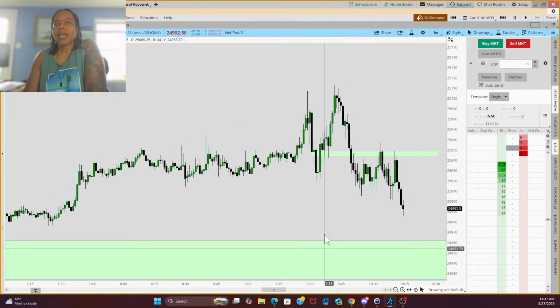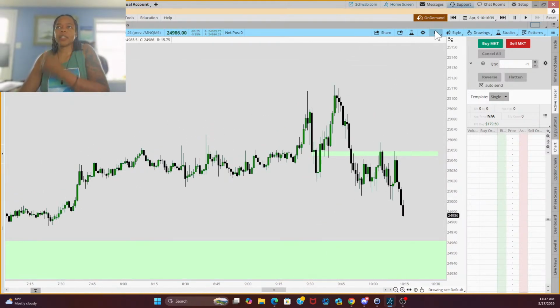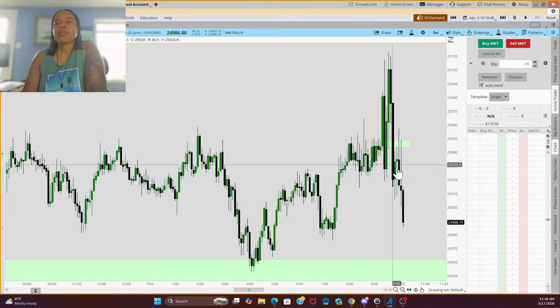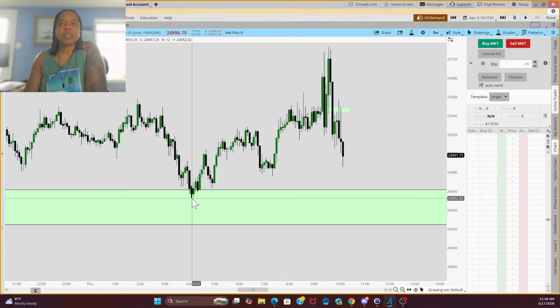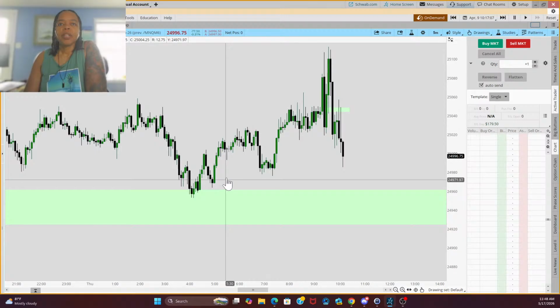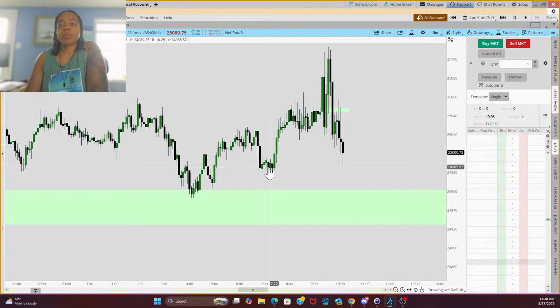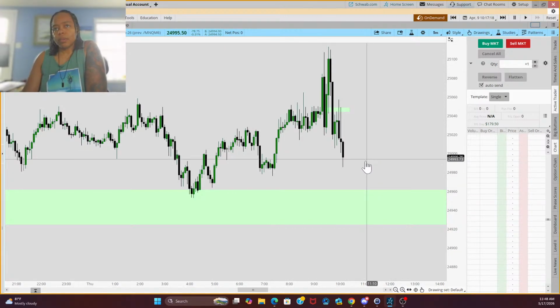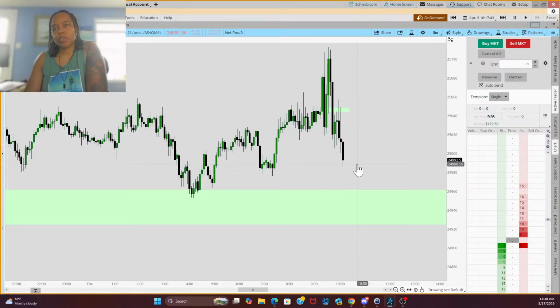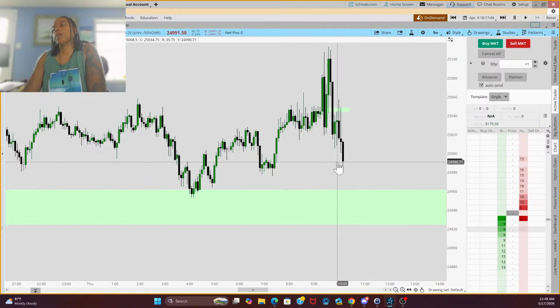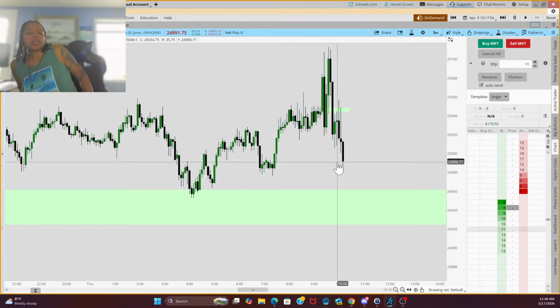Again, I don't like the way this looks on the higher time frame. So at this point, I would just love to see them take out London lows. We have another 5 minute fair value gap that's held price up right here. So technically a bust below that would give us an option for an inversion trade, but it's too close to where I'd want to take profit, so nah.